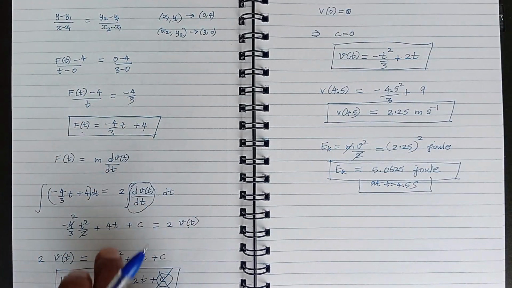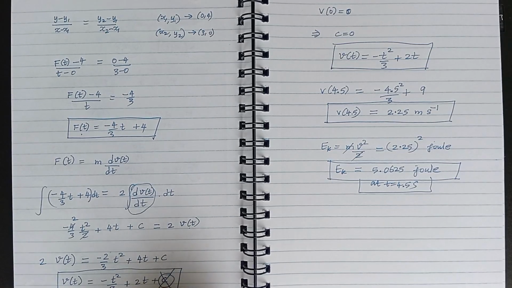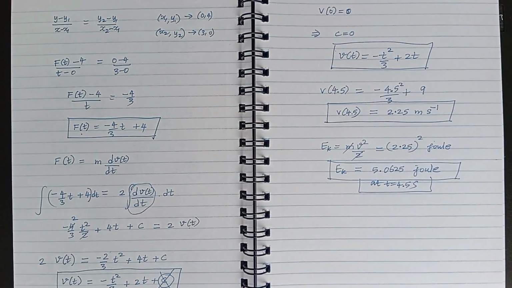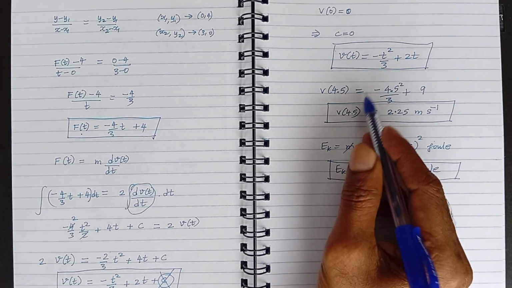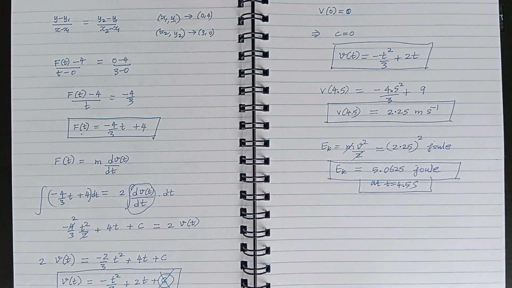And then we used it to integrate and we got the velocity as a function of time, and using the initial condition, that the initial velocity is 0, we found the value of this constant c, which is nothing but 0. So we got the final velocity as a function of time, and in this one we substituted t equal to 4.5 and we were able to get the velocity and thereby the kinetic energy. That's all.